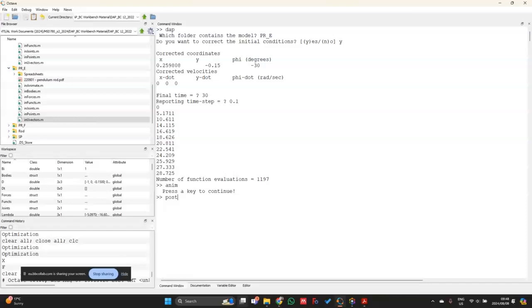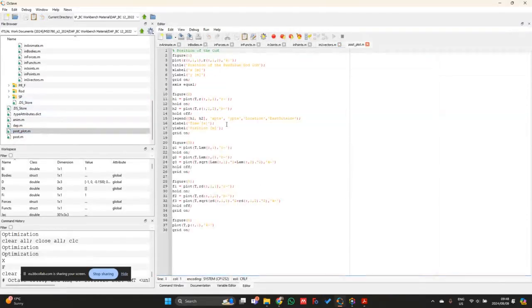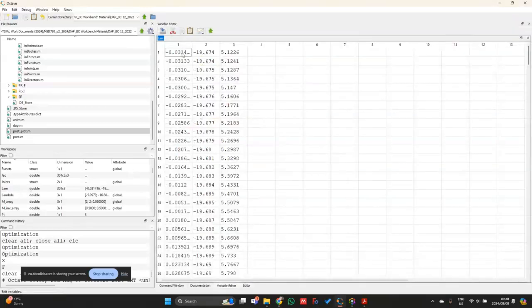And now we can type in post, just to load all of the post-processor outputs. And then since we also still have that post plot available, since I specified it originally, I can just go and run this code again, just to quickly look at the Lagrange multipliers as well. So you'll notice now we have a 301 by 3 matrix over here. So if I go in, the first 2 columns still specify the kinematic joint, the revolute joint that I have.